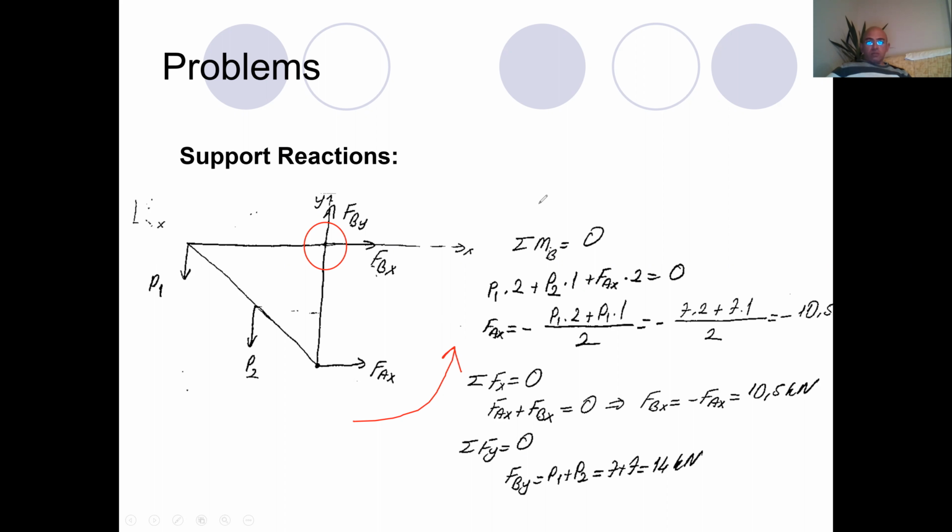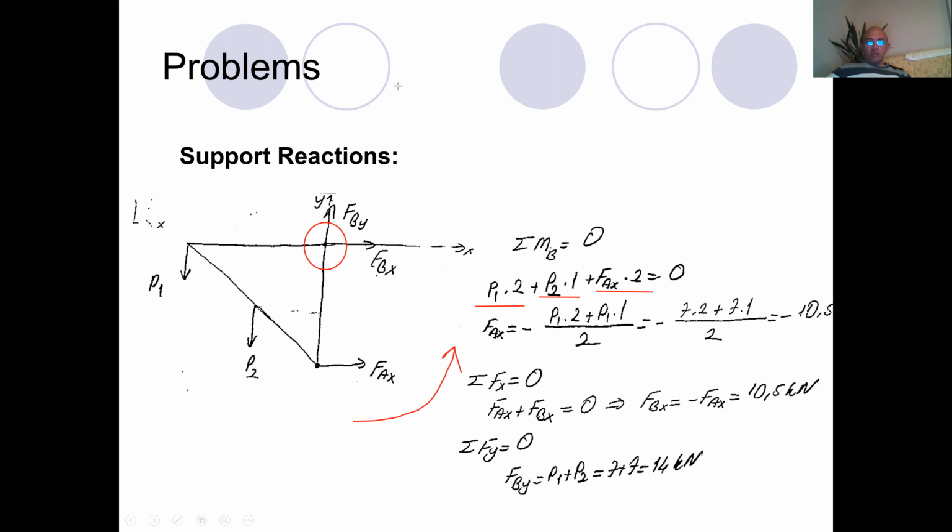So P1 multiplied by 2 plus P2 multiplied by 1 plus FAX multiplied by 2, because from A to B it is 2, has to be equal to 0. From here we can easily calculate the FAX.